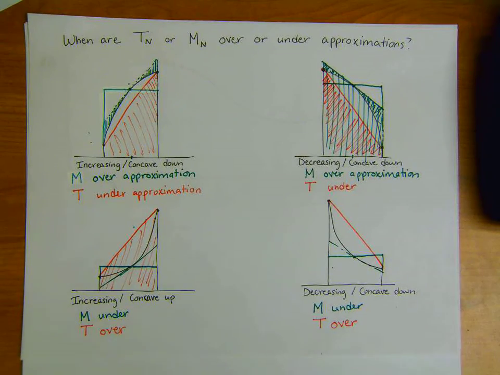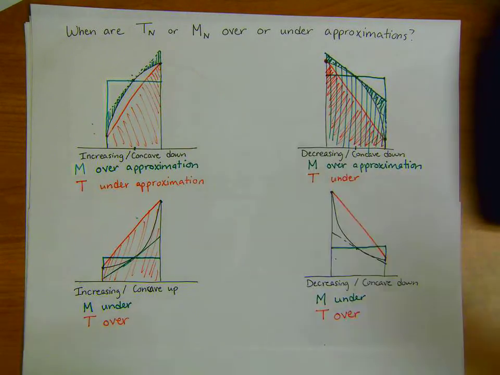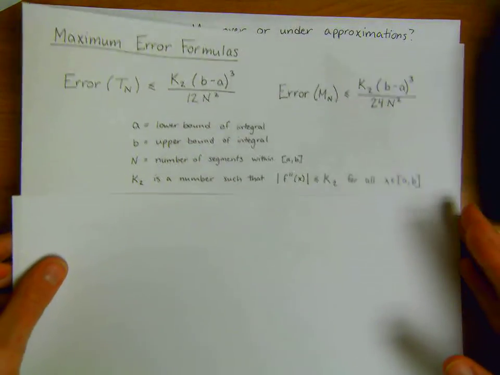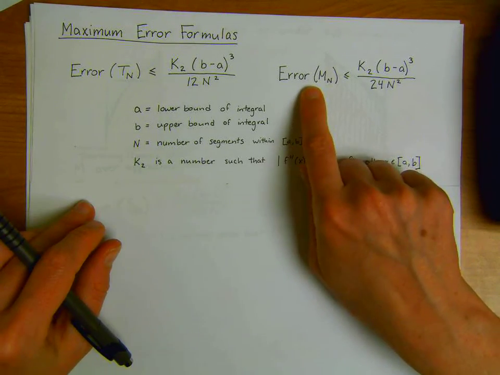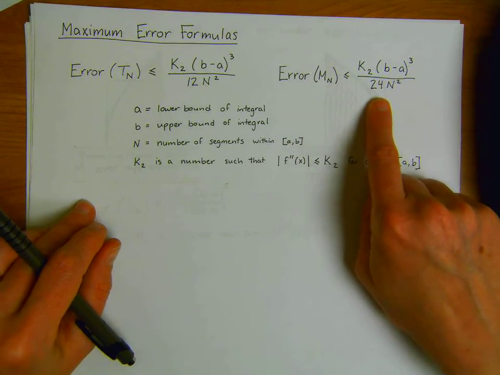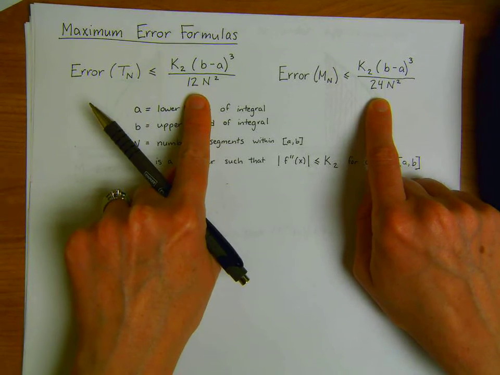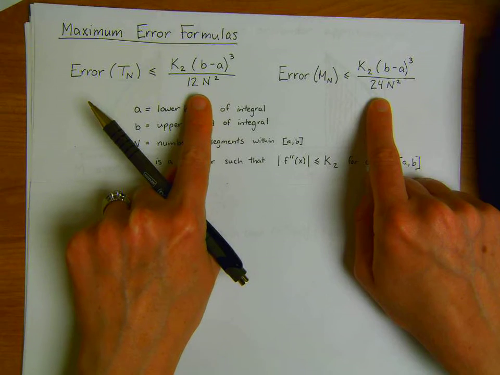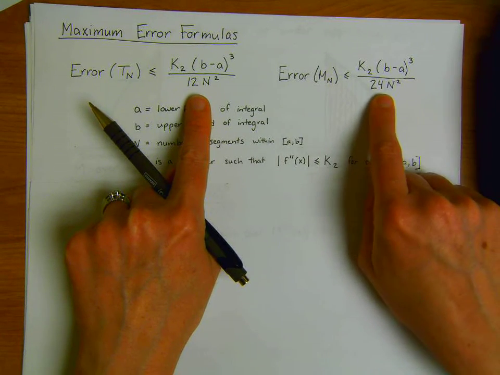We can actually go one step better than that, because not only do we know that one's an over approximation and one's an under approximation, we also found out in the last video that the midpoint rule's error bound was twice as accurate as the trapezoid rule's error bound. In other words, for most curves, or on average, the error of my midpoint rule is going to be twice as good.